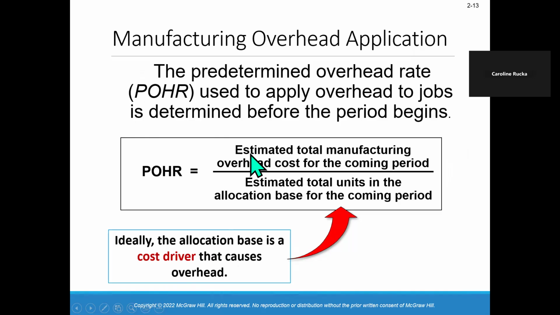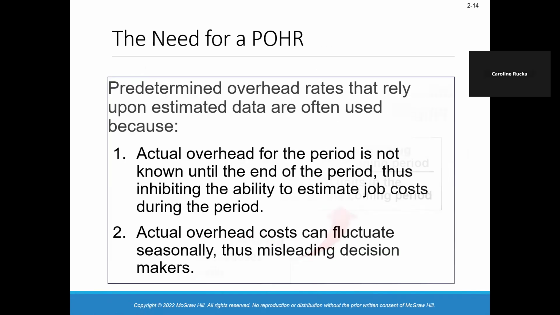You want to take your total manufacturing overhead cost and divide it by your total units in the allocation base for the upcoming period. These are both going to be estimated, right? Because we're estimating for the period that's coming up. It hasn't happened yet.